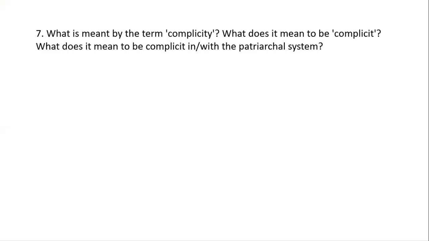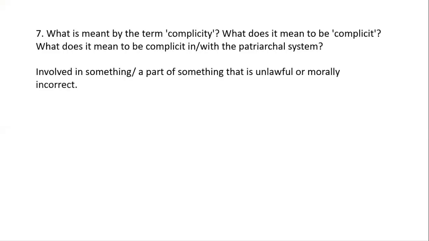And it usually affects family, religion, economics, finances, and all avenues of society. So when you are complicit, you're involved in something, you're part of something that is usually unlawful or morally incorrect. So complicit is a little bit negative, okay?